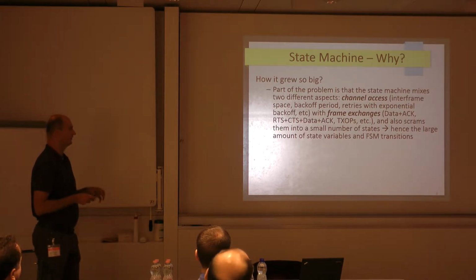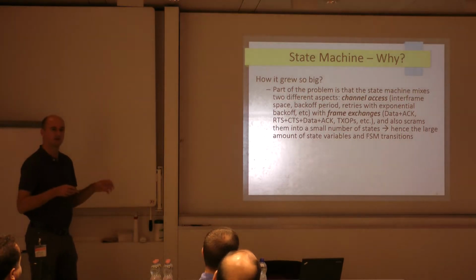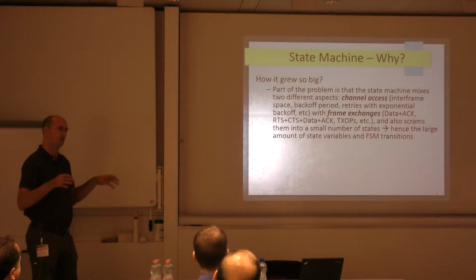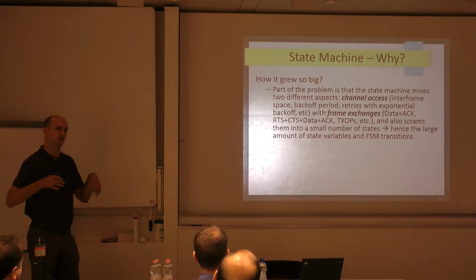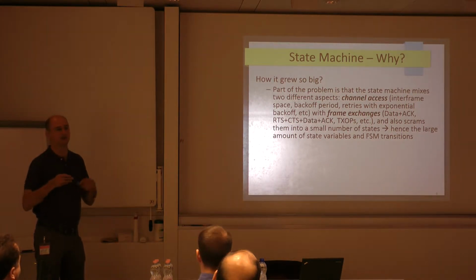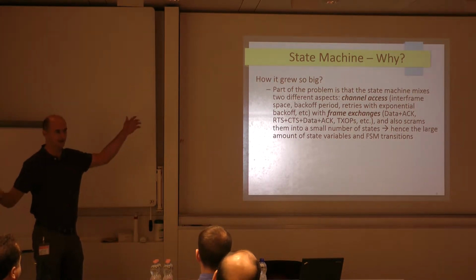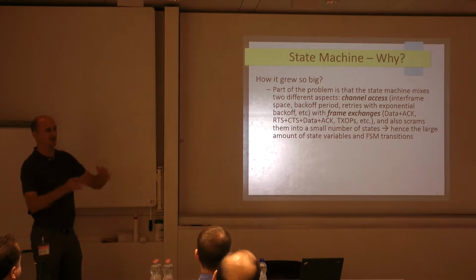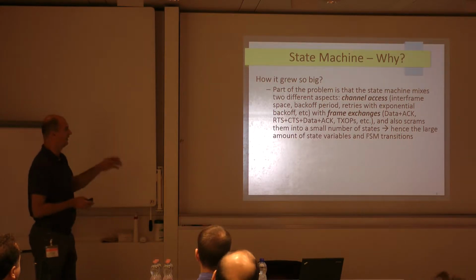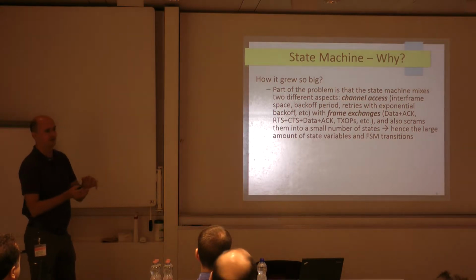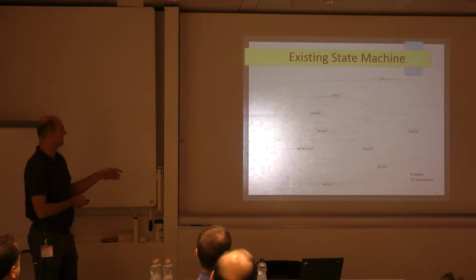So like acknowledge frames, RTS, CTS, block acknowledgement, these kinds of frames. And when you combine these two together in the same state machine, you get the Cartesian product, so the number of states grows, and then you can compact it back to a smaller number of states by introducing new state variables. This is why we have 70 state variables and like 7 states.